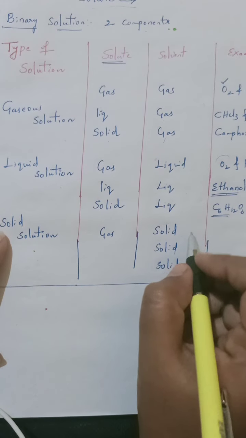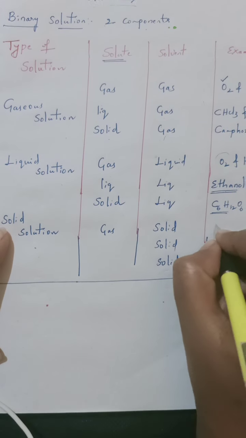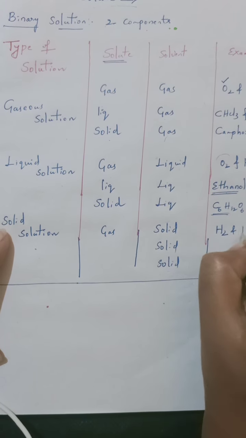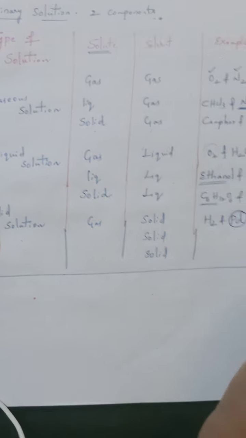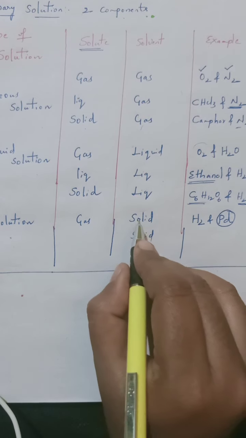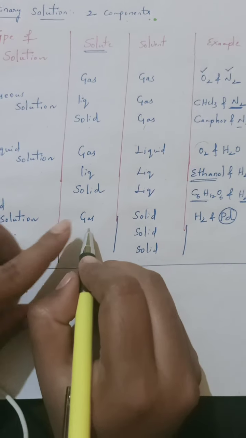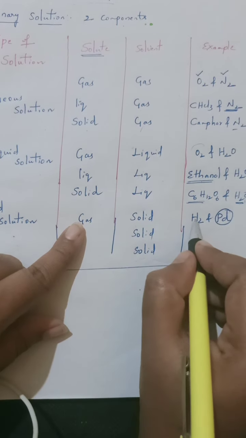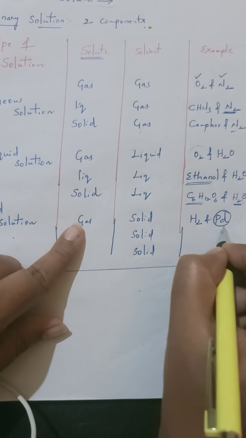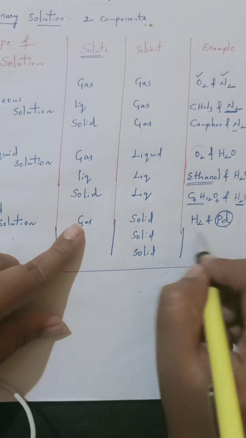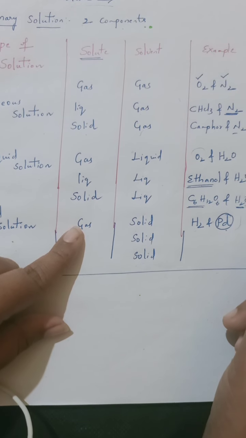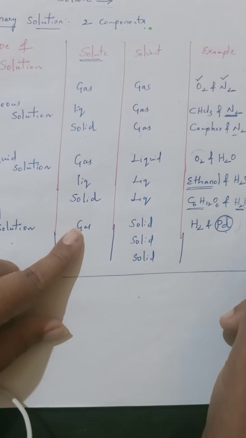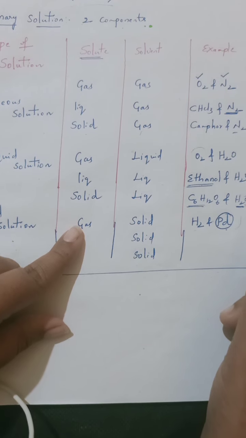An example for this is hydrogen and palladium, H2 and palladium. Palladium is a metal which exists in solid state, whereas hydrogen is a gas. Now hydrogen is dissolved in palladium. So this is one of the catalytic hydrogenation processes. Hydrogenation of any organic compound can be done in the presence of a metal as a catalyst.